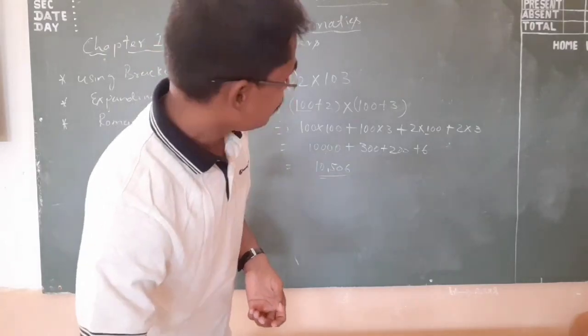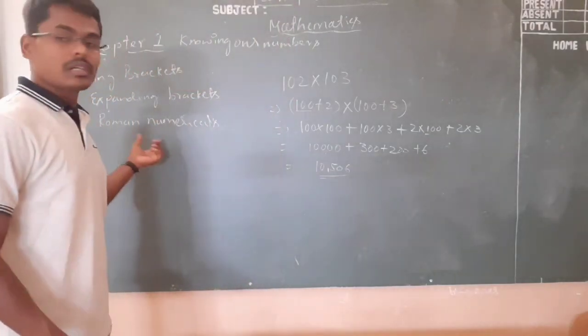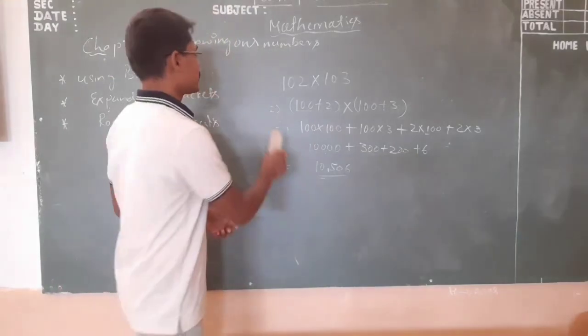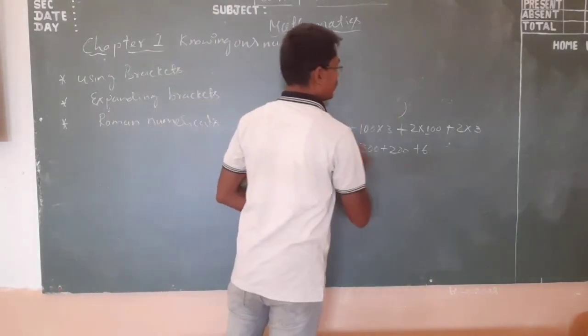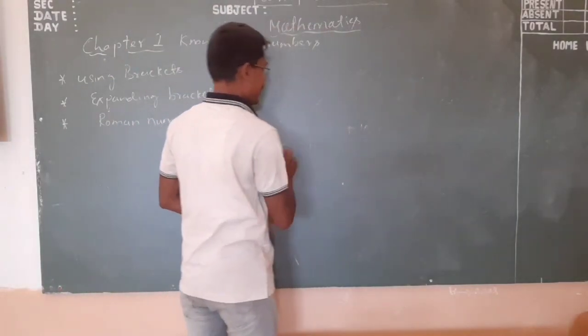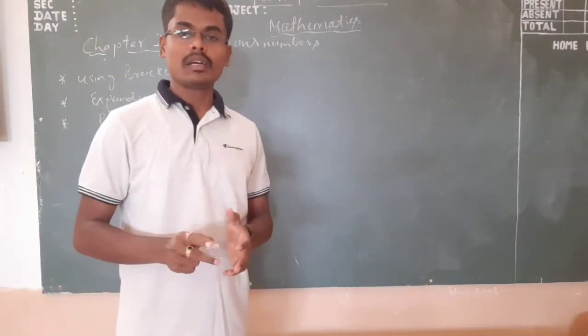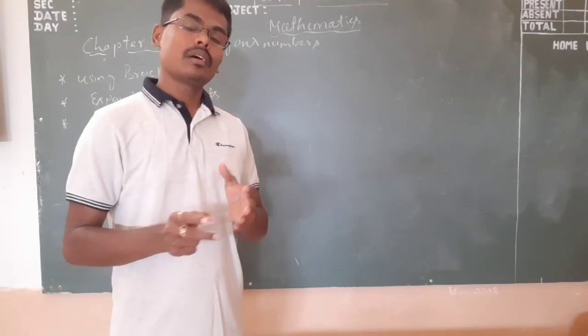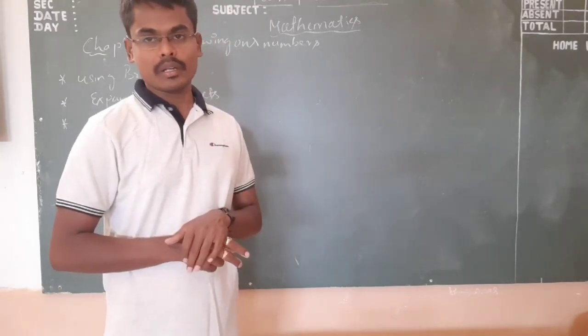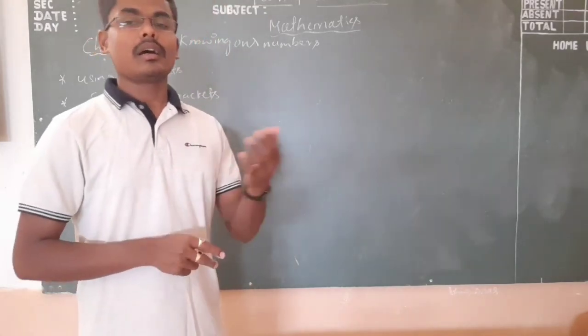Then after this we are going to discuss the Roman numerals. You might have heard about the Roman numerals in your previous classes. Now here also we are going to discuss very briefly, the basics.